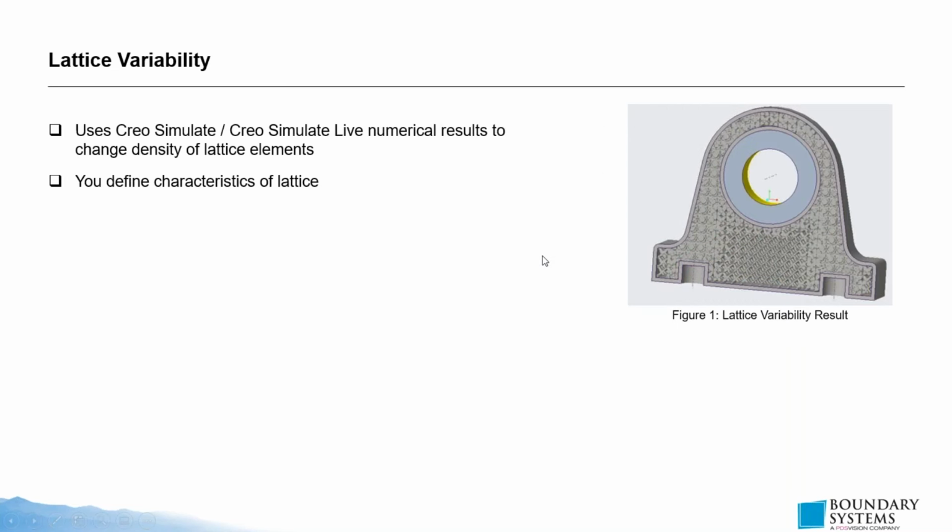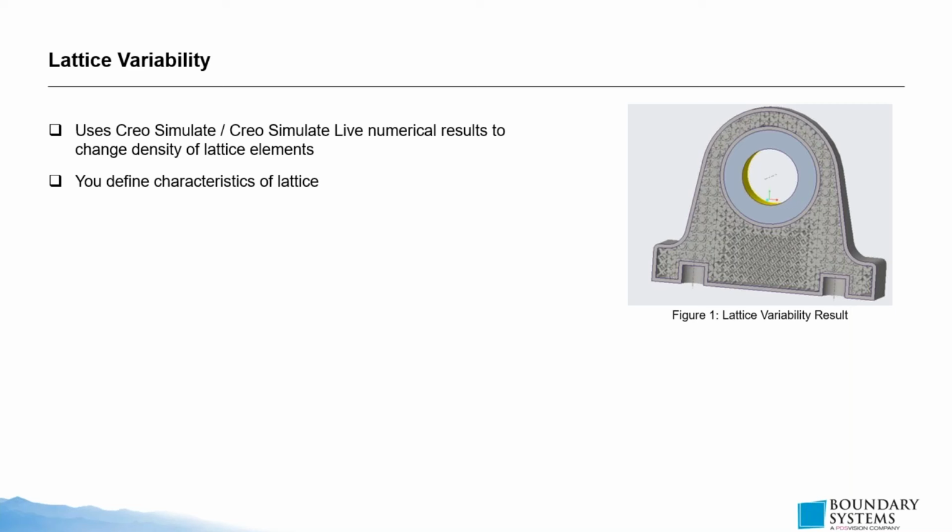The next tool we have is Lattice Variability. The new functionality, which I'll get to in a minute, is the ability to use Creo Simulate or Creo Simulate Live and export numerical results. What that will do is take a random sample of however many points and report out the stress values at each of those points.